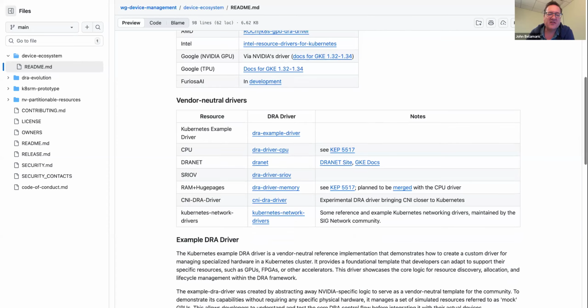There are some other, so let me just share this. Device ecosystem. These are the ones that are vendor specific and these are the vendor neutral ones.